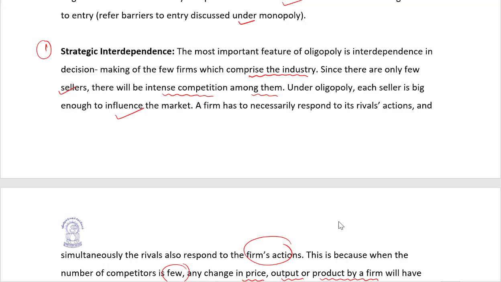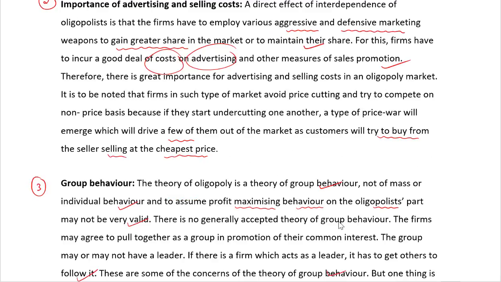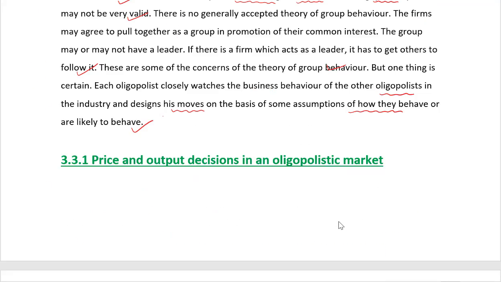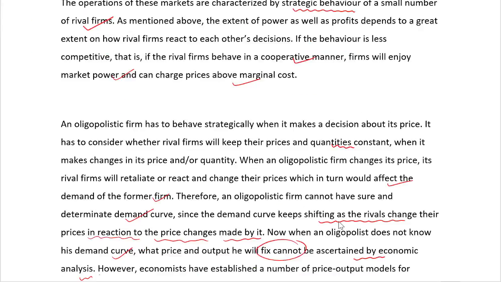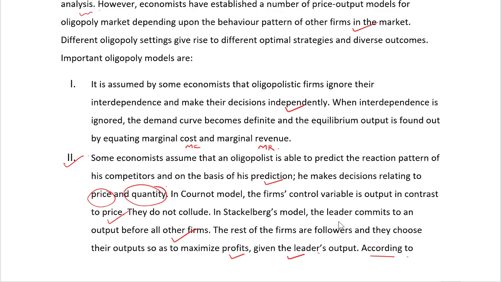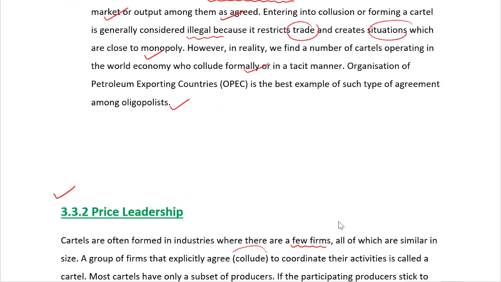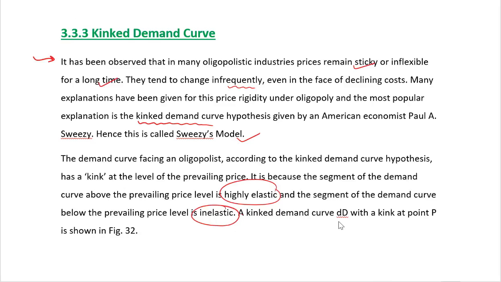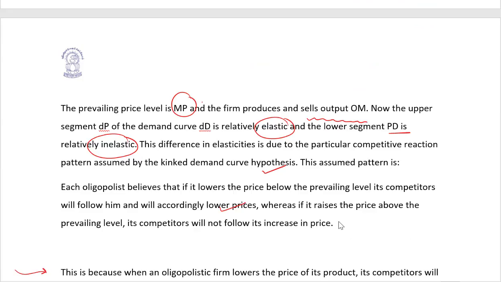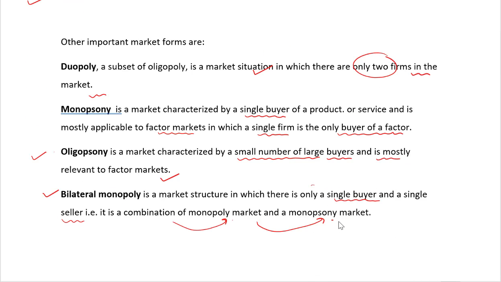In this, we have seen strategic interdependence, the importance of advertising and selling costs, group behavior, and price and output decision in the oligopoly market. We saw the three important oligopoly models, then price leadership, and at last the kinked demand curve, the significant one, and lastly the other important forms of market.